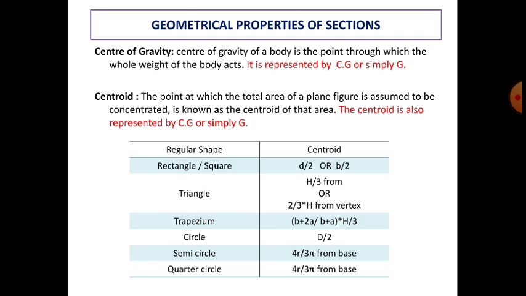First one is center of gravity. The center of gravity of a body is a point through which the whole weight of the body acts. We say that there is some point where, if we make the body rest over that point, it will balance itself properly.